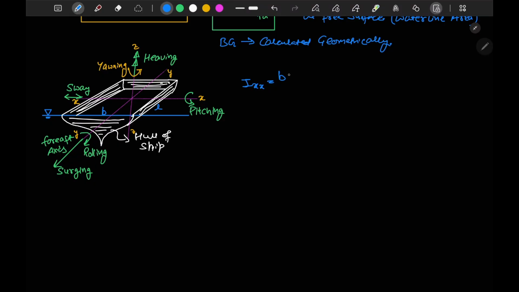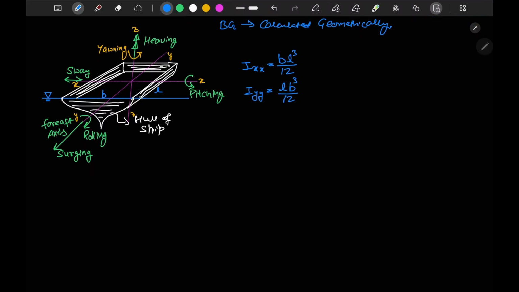Your Iyy is equal to l b cube by 12. From here, BM for xx direction is equal to Ixx divided by V, the fluid displaced. Similarly BM along yy will be Iyy upon V.